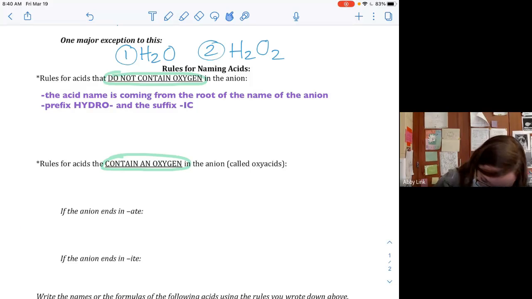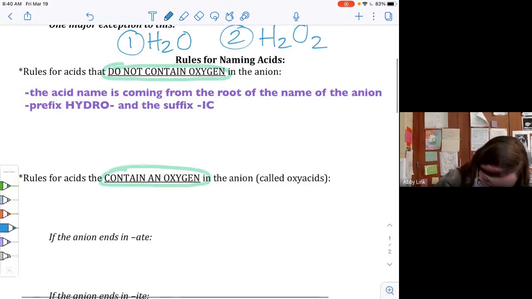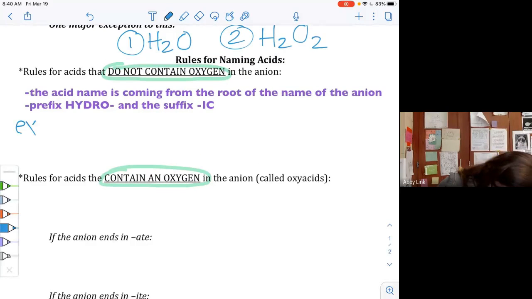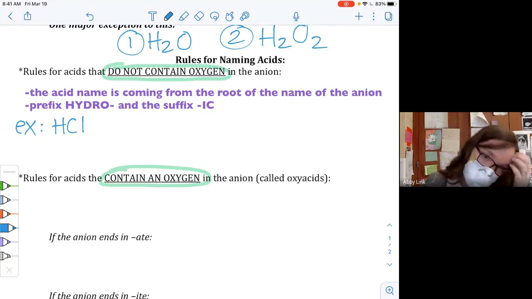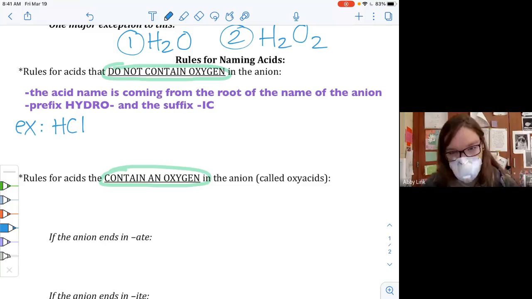My first example is going to be HCl. I recognize this is an acid because hydrogen is the cation, and then I see that it's bonded with chlorine. I know hydrogen has a +1 charge, chlorine has a -1 charge, and that's why I have a 1-to-1 ratio here.